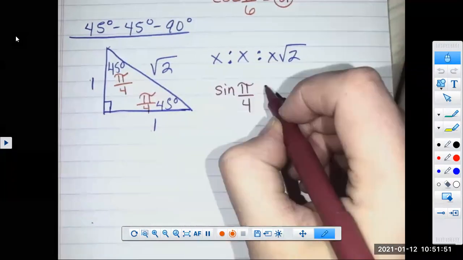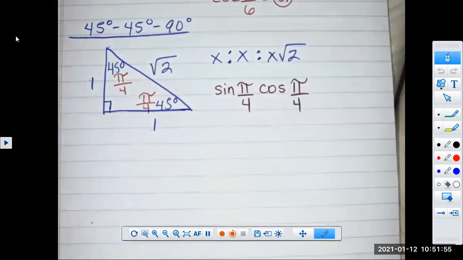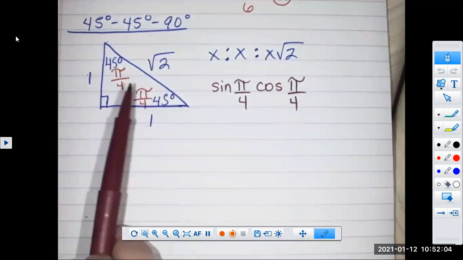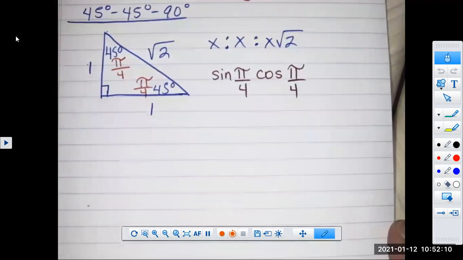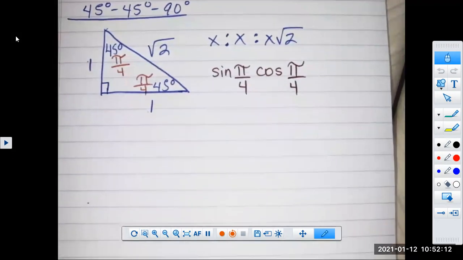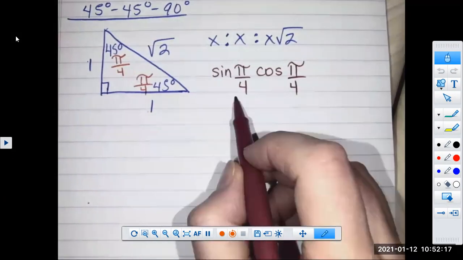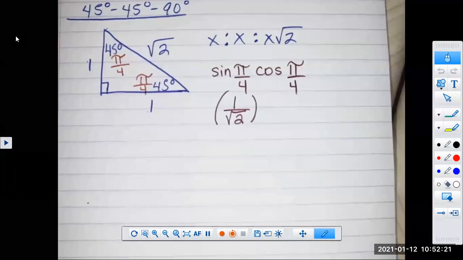So let's say they ask you to find the sine of pi over 4 times the cosine of pi over 4. Of course, it doesn't matter which angle you look at. What is the sine of pi over 4? Good, you got 1 over root 2. I need to make a point too.